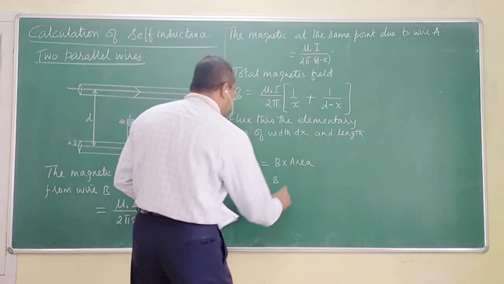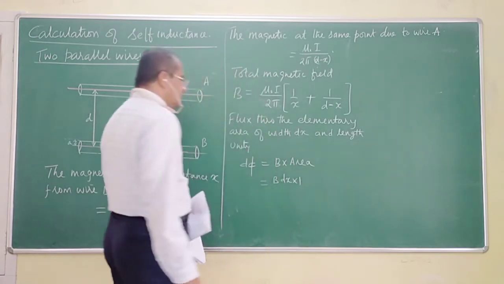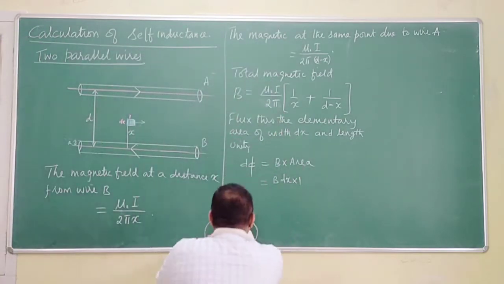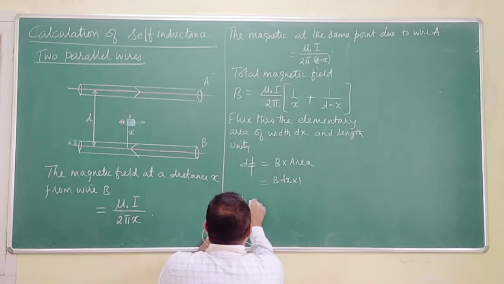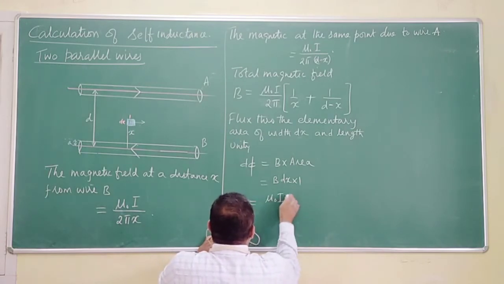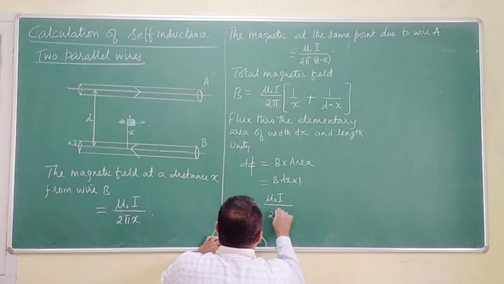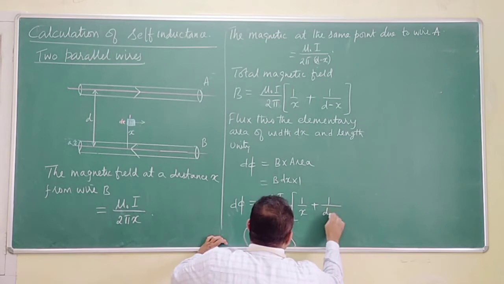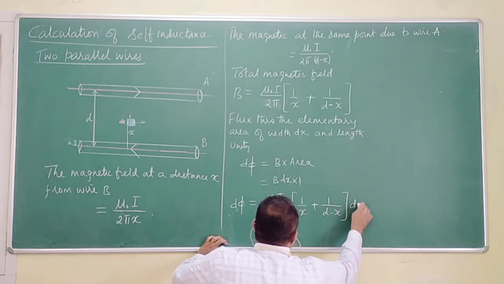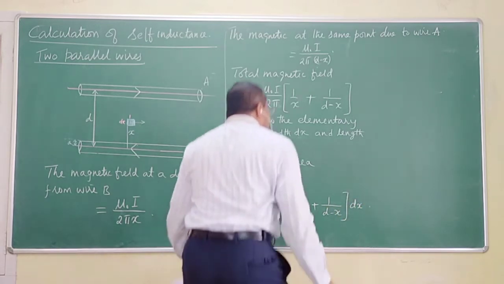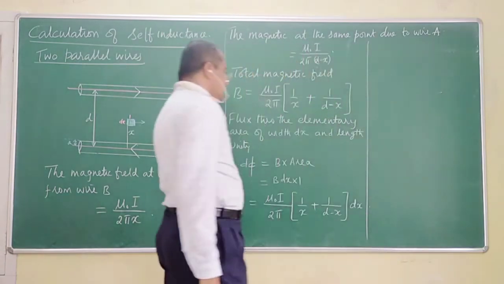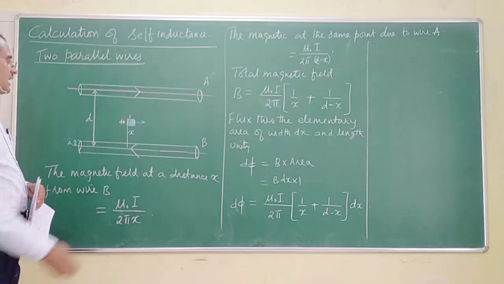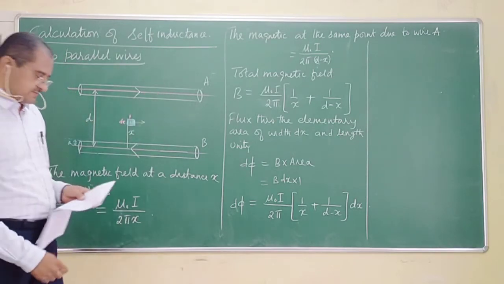Magnetic field is B, area is length into breadth, dx into unit length. Therefore, I will write d phi is equal to mu naught I by 2 pi into (1 by x plus 1 by d minus x) into dx. This gives me the magnetic flux. I have to find out what is the total flux.